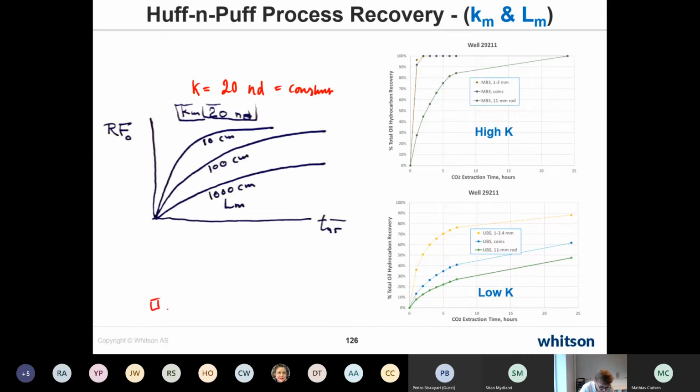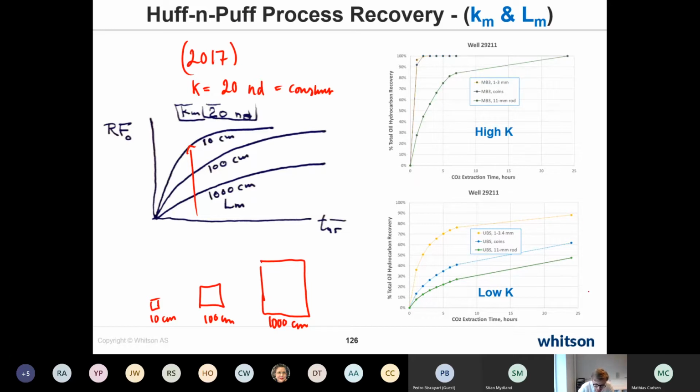We have one that's 10 centimeters, one that's 100 centimeters, and then one that is 1,000 centimeters. Yeah, and this can be feet for that matter. And we see that the recovery efficiency is getting higher as the rocks get smaller in terms of minimum dimension. So the diffusion path is smaller, and again, this was just a hand drawing made in 2017.